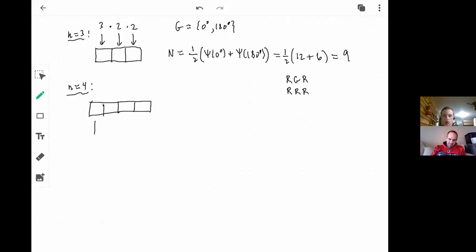Okay. I'm doing all the ones that are like rotationally equivalent. Although we can't have the same ones touching. Oops. Yeah. Oops. So I should put red, what? Blue? Yeah. Red. Okay.